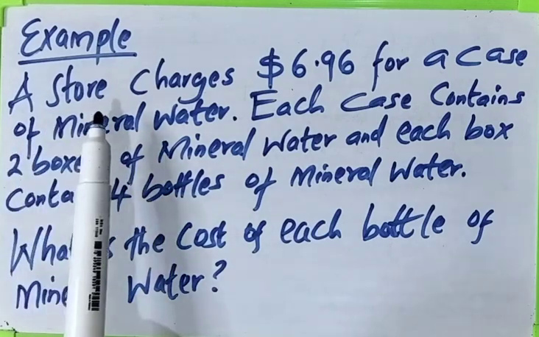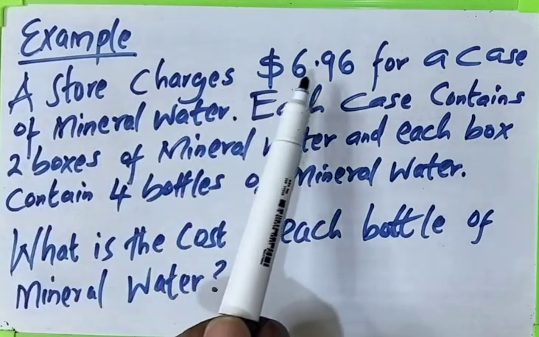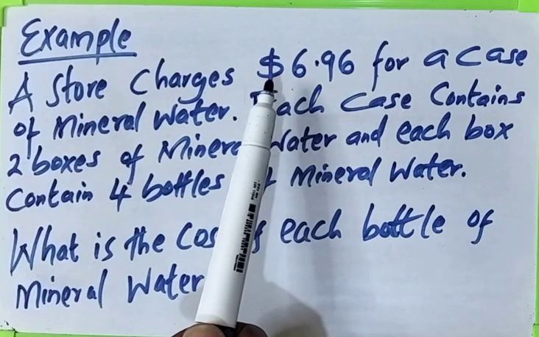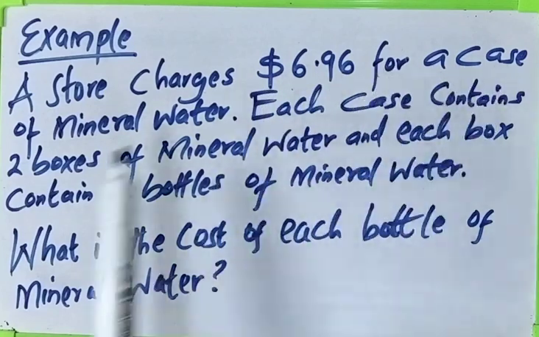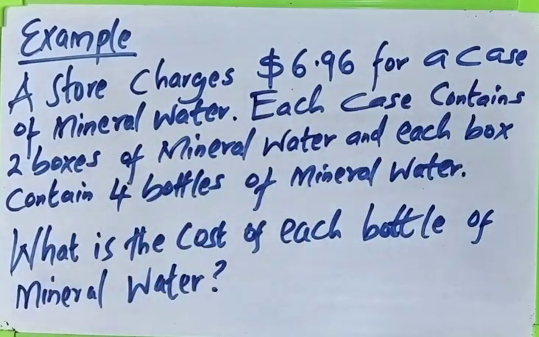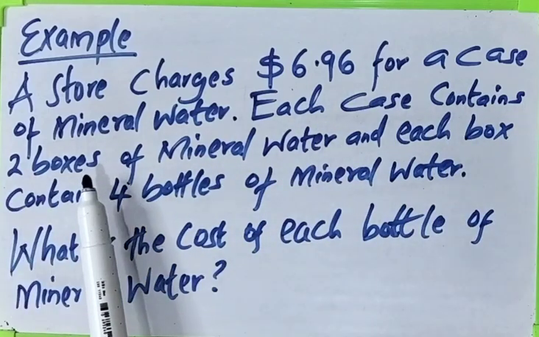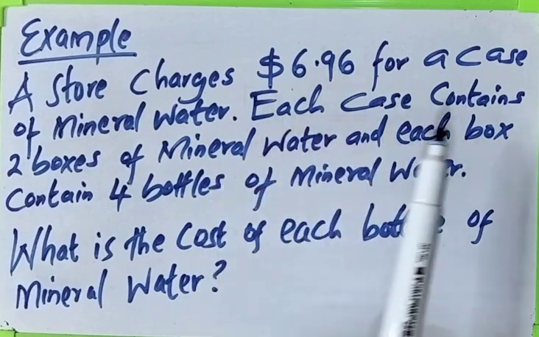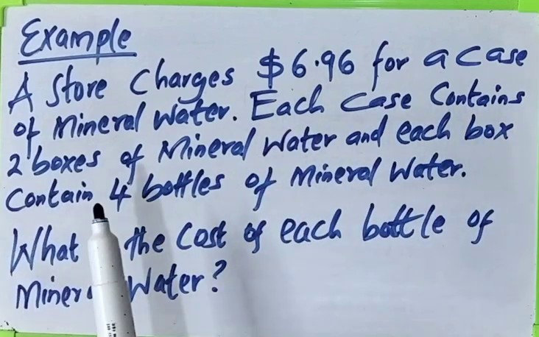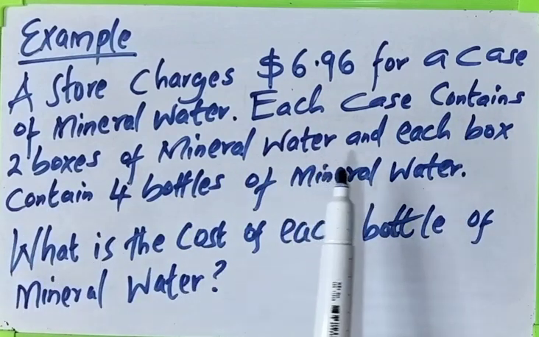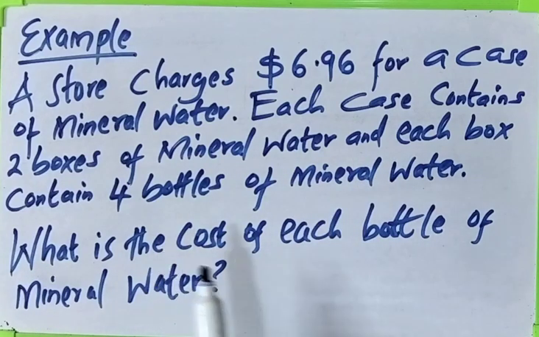A store charges $6.96 for a case of mineral water. Each case contains 2 boxes of mineral water, and each box contains 4 bottles of mineral water. What is the cost of each bottle of mineral water?